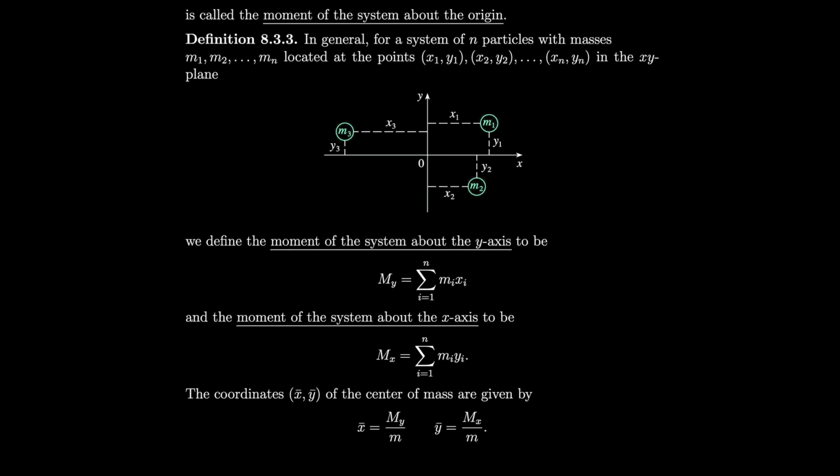So if we want to find the coordinate of x bar, we have to find the distance of the point away from the y-axis, multiplied by the mass, add up all of those, that's our moment about the y-axis, and divide by the total mass. Similarly, for y bar, we have to figure out all of those y distances away from the x-axis, and then we multiply by all of those masses, and we divide by the total mass.